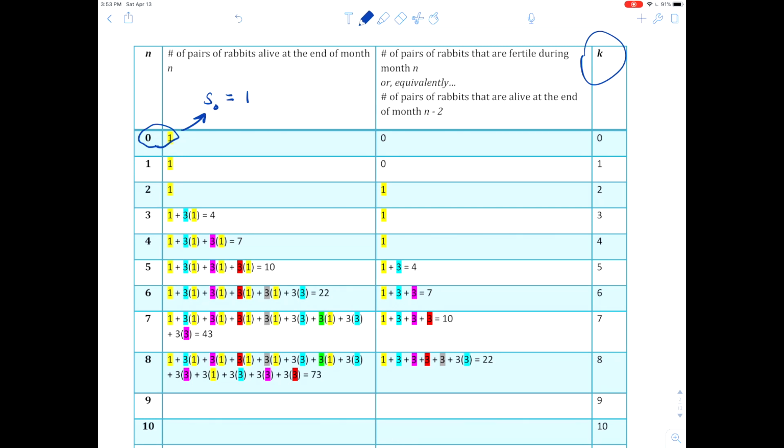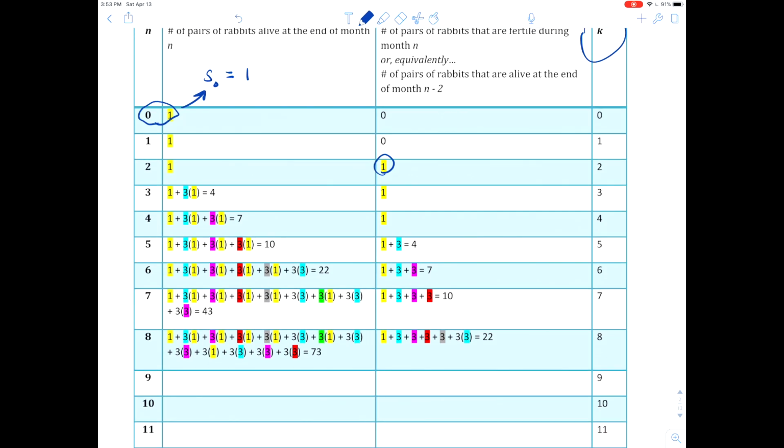And then they become ready to breed at this juncture here, because 2 months before they were born. Cool so far?